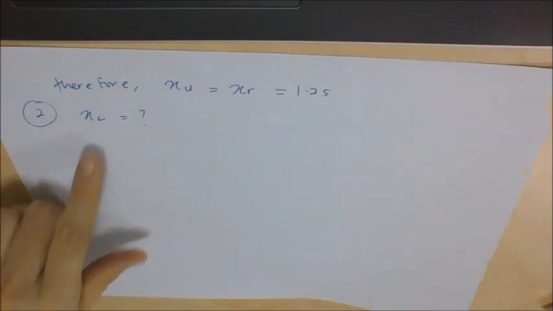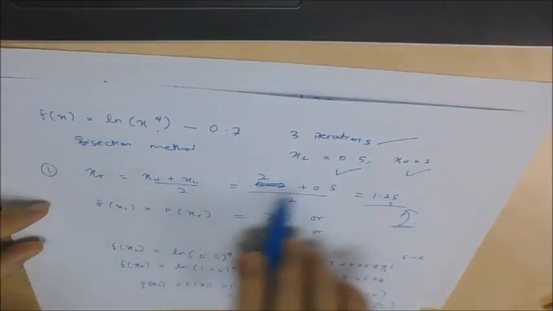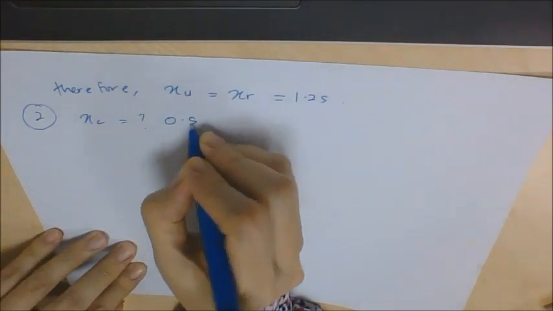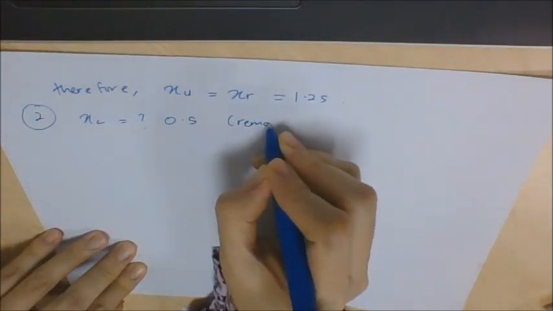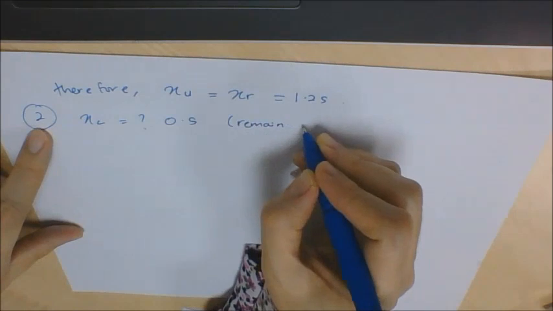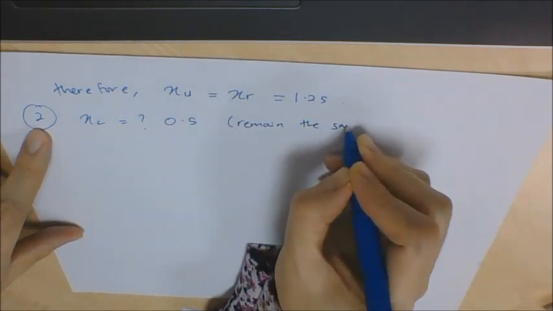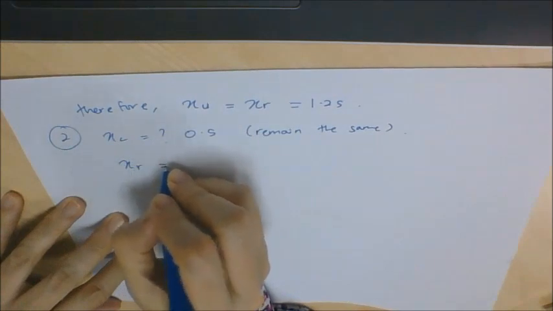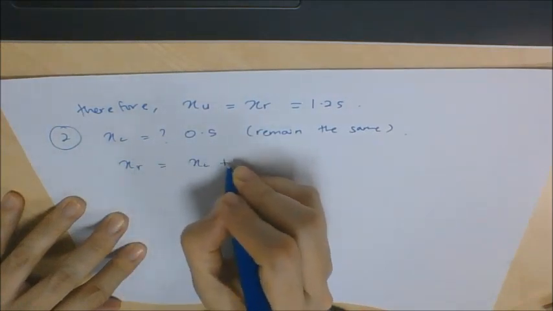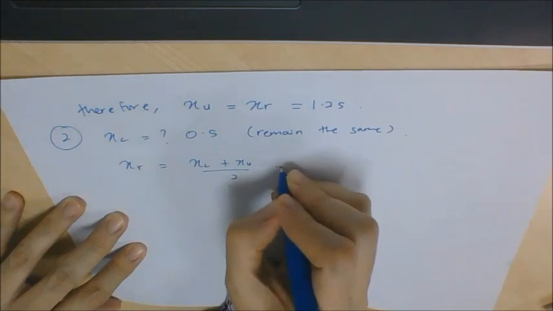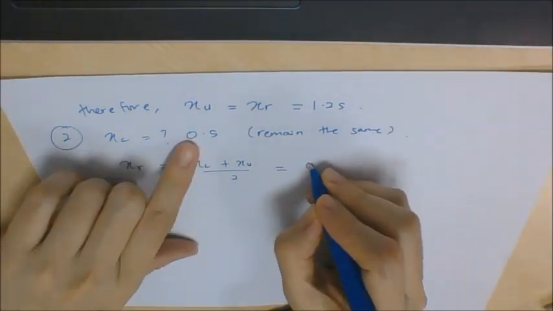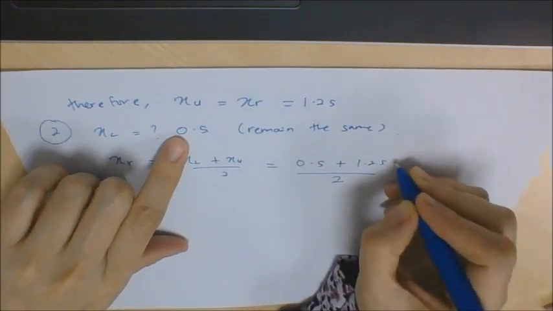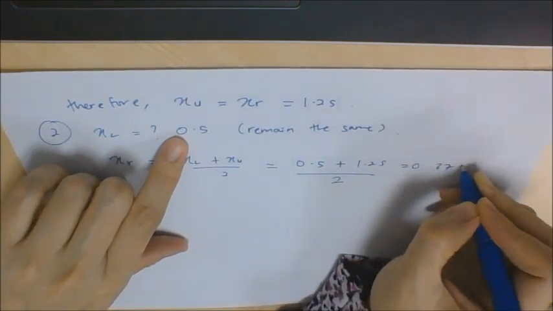You know your XU, but XL will remain the same, 0.5, for this second calculation. Now we can calculate the new value for the root, which is XL plus XU divided by 2. So 0.5 plus 1.25 divided by 2 gives 0.875.